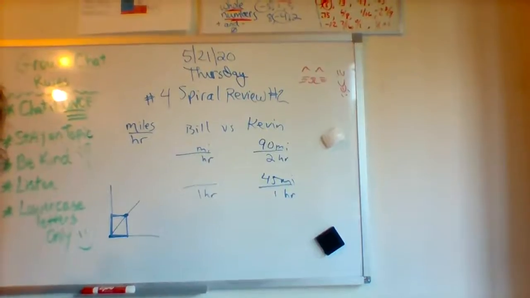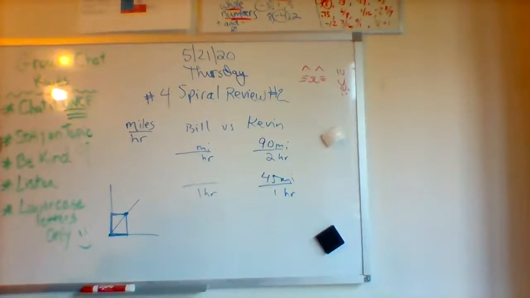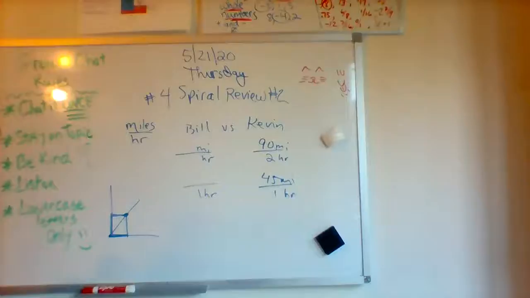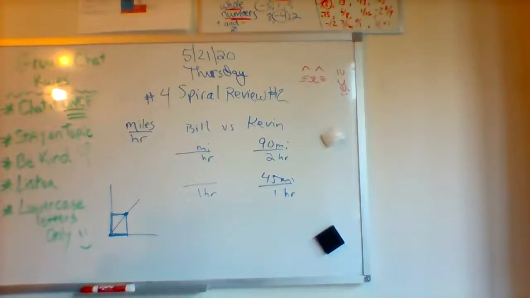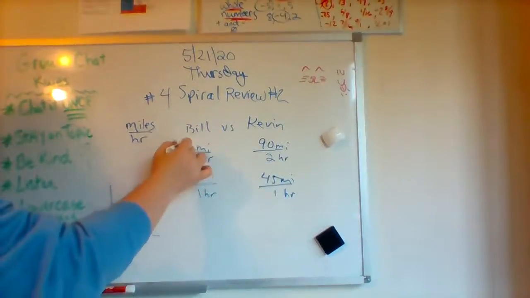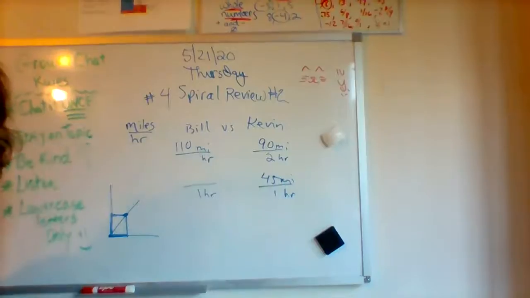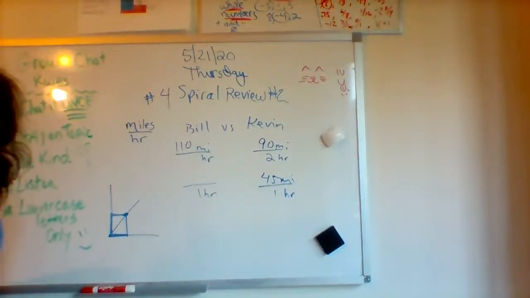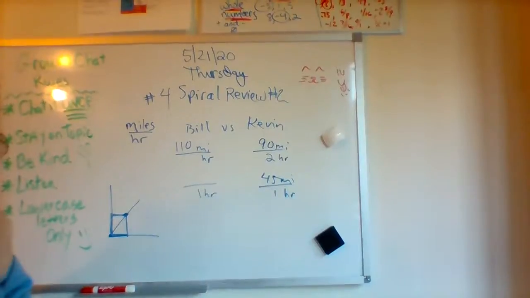Something lower hits the corner, and something higher hits the corner. You think 110? All right, let me look at 110. 110 definitely hits the corner. So 110 would be how many we had to go up. Now, if you look at the bottom where it says hours, how many hours did it take to go to 110?